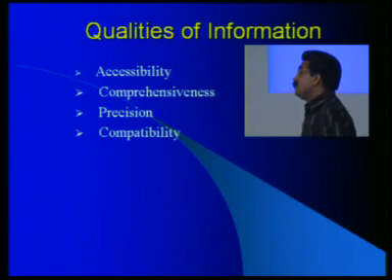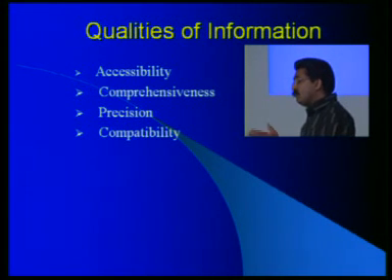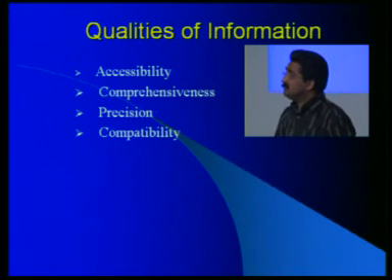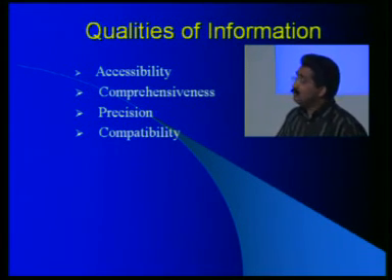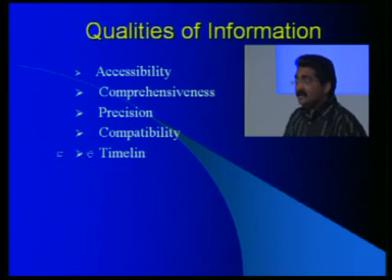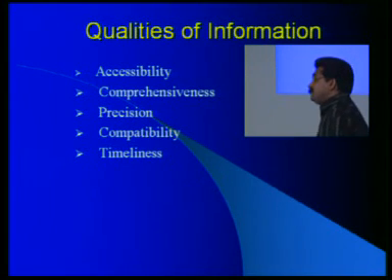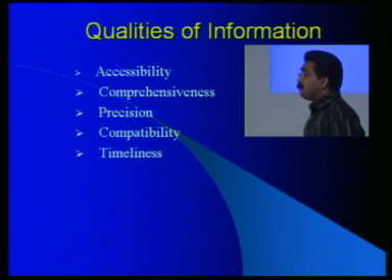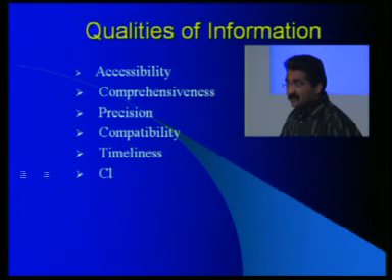Compatibility with your requirement is also very important. When you get information from the internet, journals or e-books, you should emphasize whether it is compatible with the aims, goals and objectives of your organization or not. Then timeliness: you should get and use the information at the proper time when you require it.